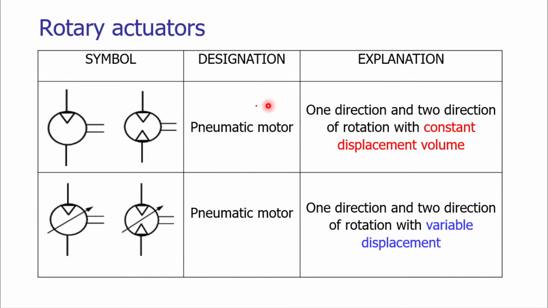By using pneumatic energy, we generate rotary motion. That's why the circle has been provided. For a constant displacement motor, we put two parallel lines, and when we put an arrow, that designates variable displacement.